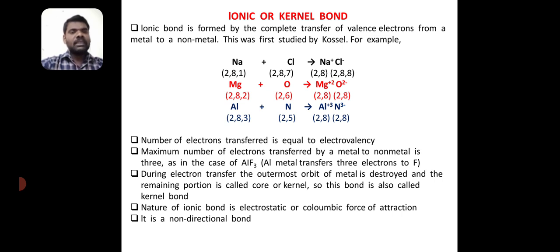During the electron transfer, the outermost orbital of the metal is destroyed because it releases the electron, and the remaining portion is called the core or kernel. So this bond is also called the kernel bond. The nature of the ionic bond is electrostatic, or coulombic, force of attraction. So it is a non-directional bond.